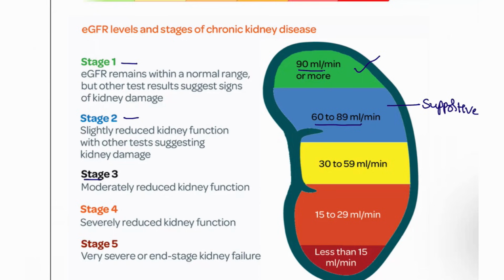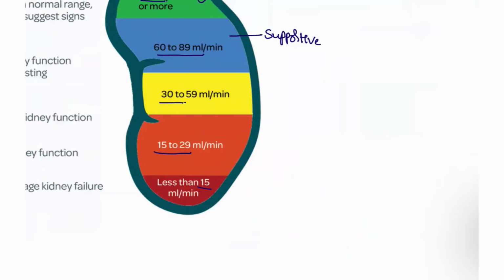Stage 3 is 30 to 59, and stage 4 is 15 to 29. Stage 5 is less than 15. All these patients need hemodialysis, because if not treated early, they can land up in end stage renal disease.